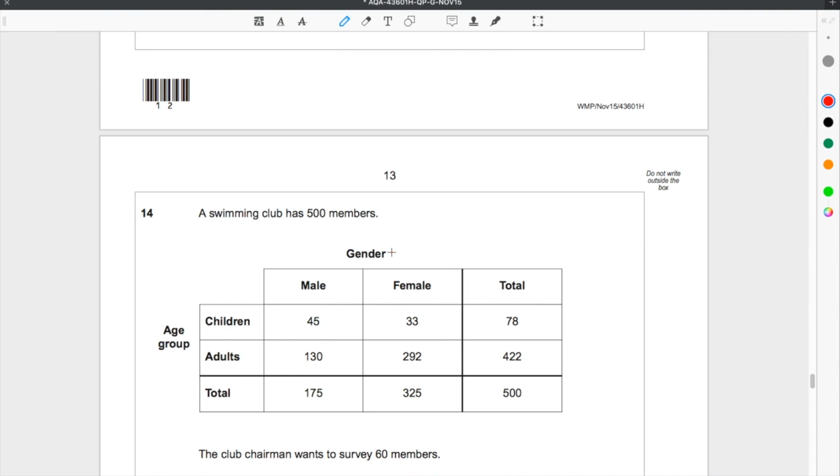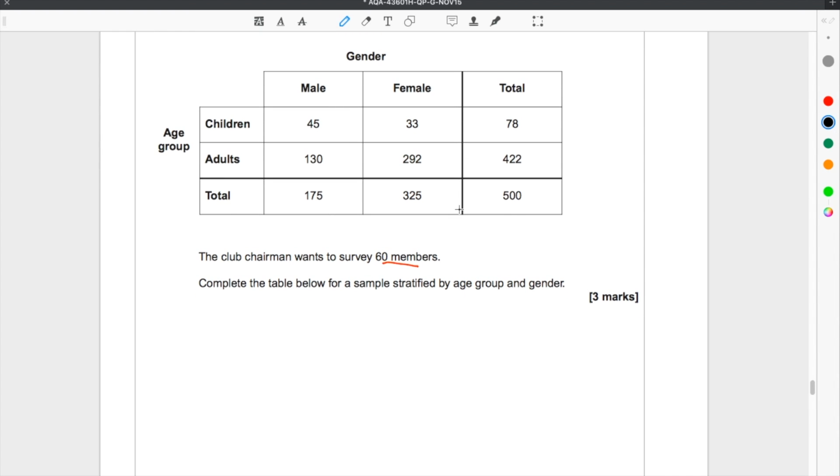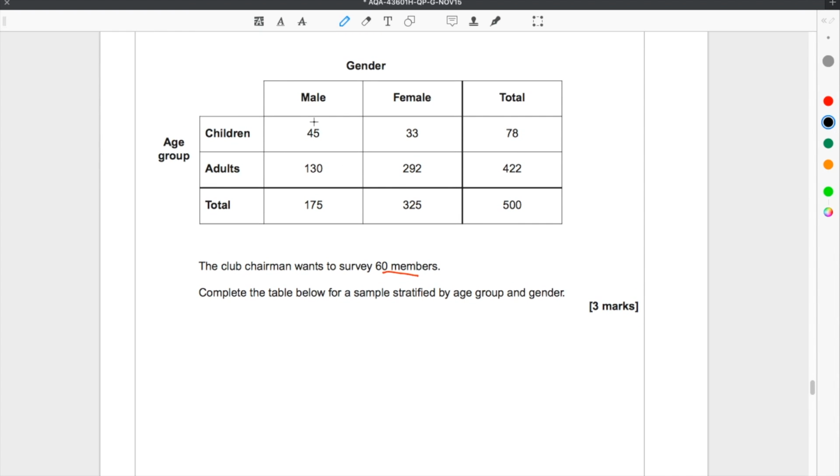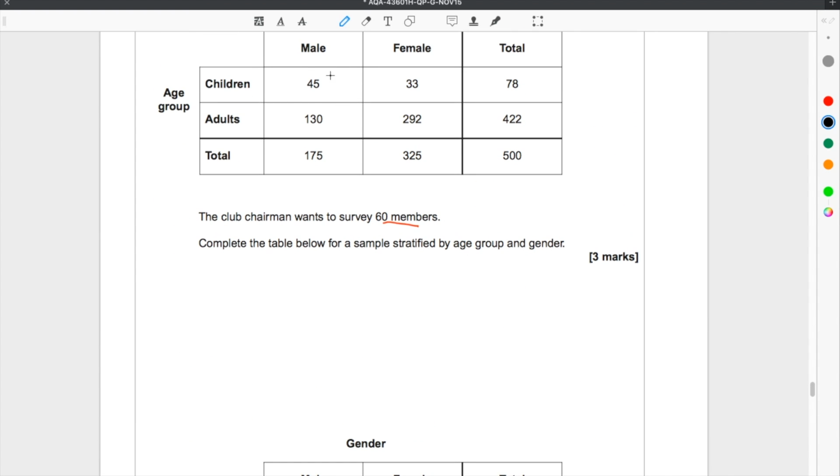Question 14. A swimming club has 500 members. The club chairman wants to survey 60 members. Complete the table below for a stratified sample by age group and gender. Okay. So, all we do is we work out what each new value is going to be by doing the value in the table divided by the total multiplied by the number of members, so the sample size.